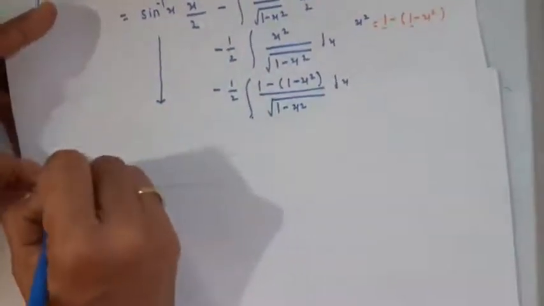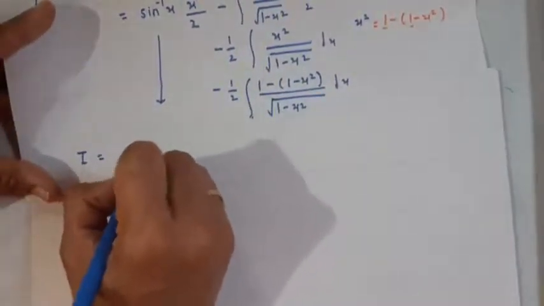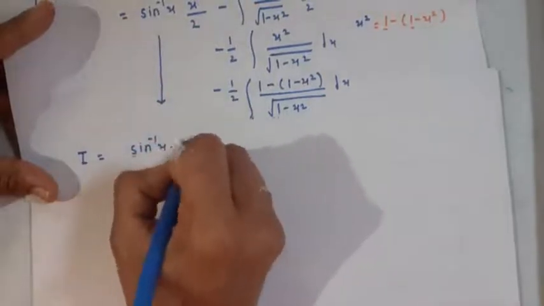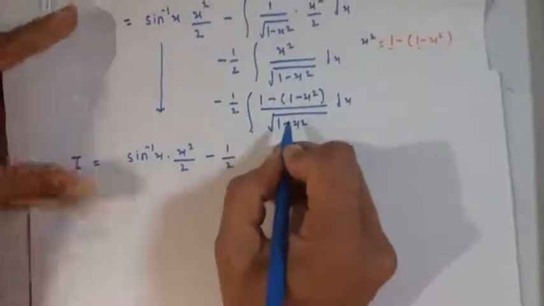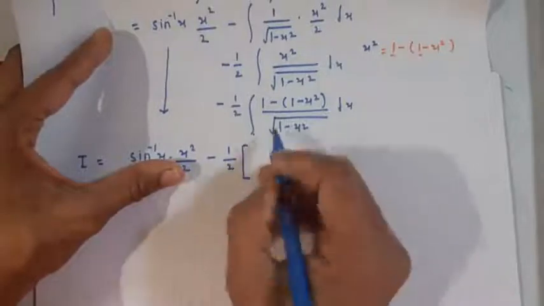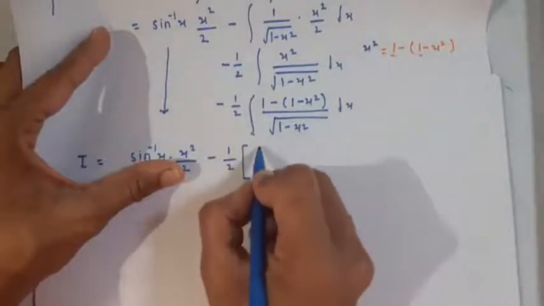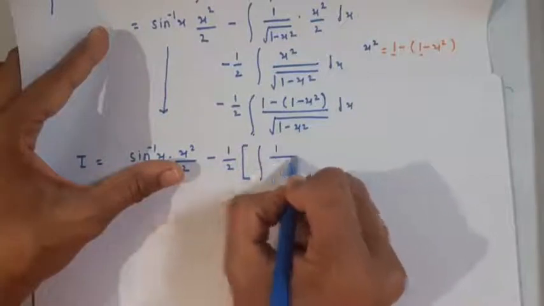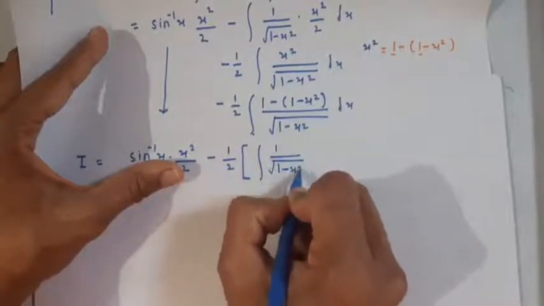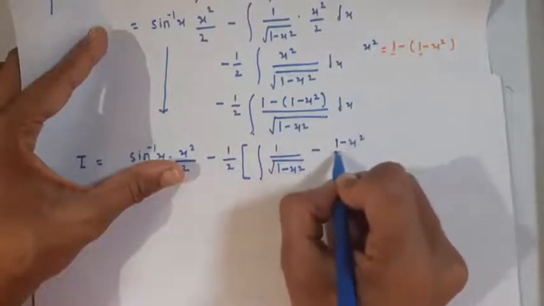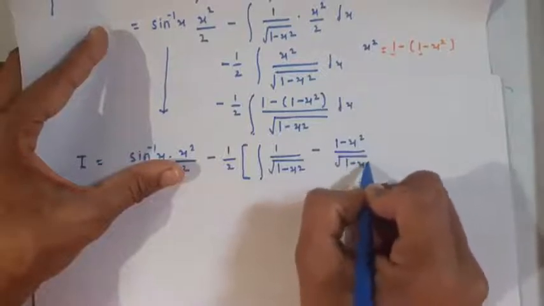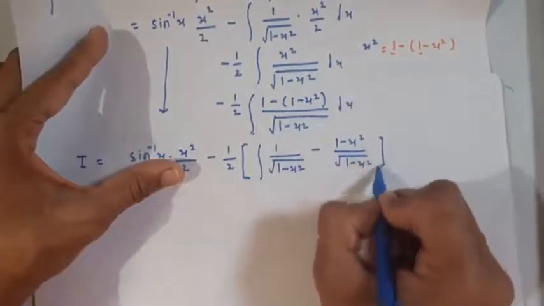So integration I equals sine inverse of x into x square upon 2 minus 1 by 2. Now separate the terms: first, integration of 1 upon square root of 1 minus x square, minus another term, that is (1 minus x square) upon square root of 1 minus x square, with respect to x.